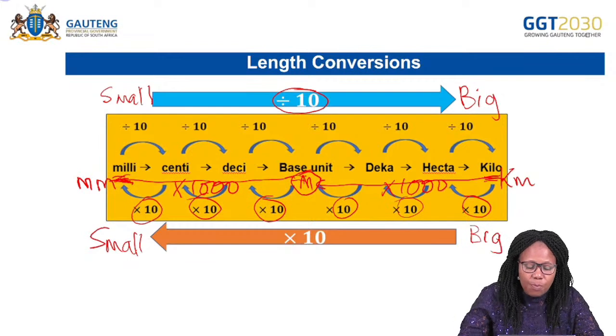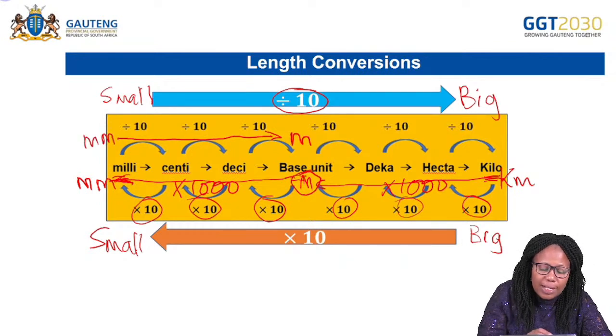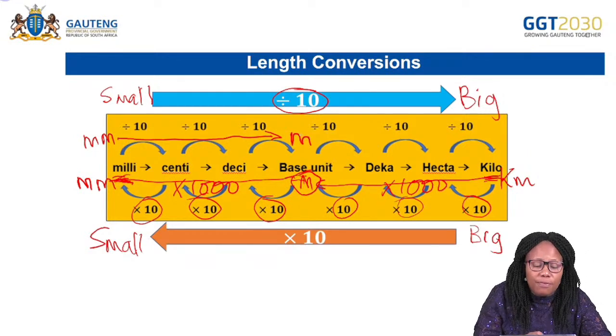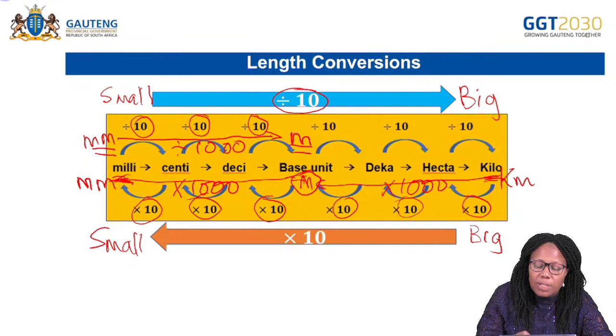All right, the same way applies if I'm moving from millimeters to meters. Now I'm moving from small to big. As long as I'm moving from small to big, I must divide. How many times? 1, 2, 3. Therefore this will be a division by 1,000 from millimeters to meters, grade 12.